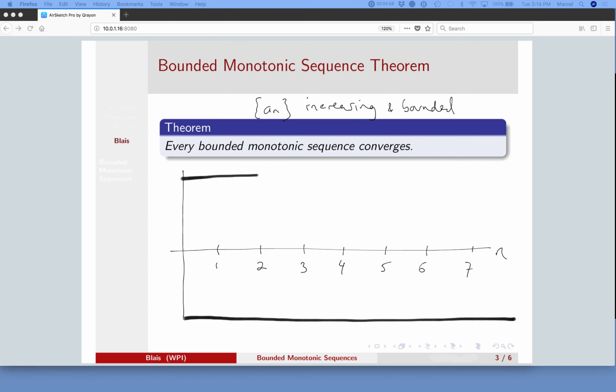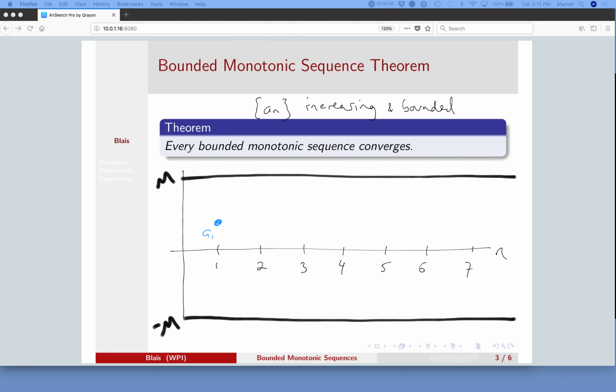So here we have our bounded sequence. We know, by the definition of being bounded, that all the terms in our sequence will lie in this band between minus M and M. But in this case, we're saying it's increasing. Remember, monotonic means increasing or decreasing, so let's just choose the increasing case as an example. Suppose a1 is here.